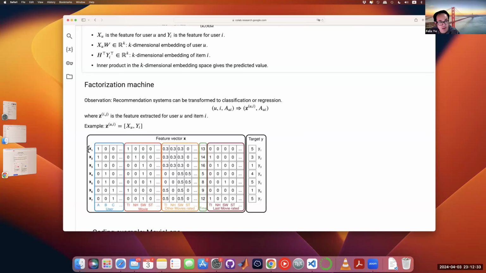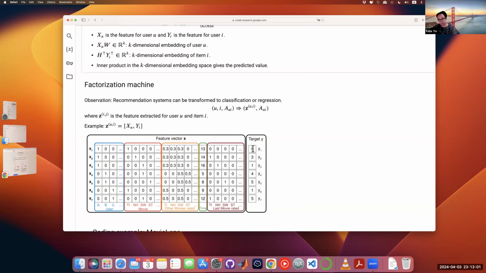So on each entry of the data, you have the user's feature, you have a movie feature, and you have other features, for example, time and the other movies rated. These are all the features used to make predictions of the rating for that specific movie.